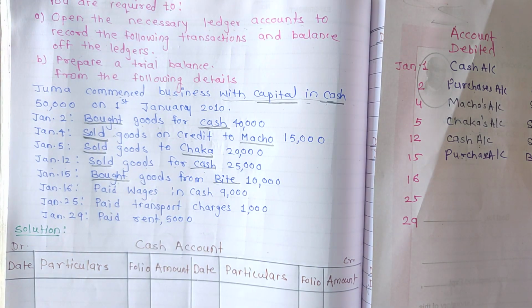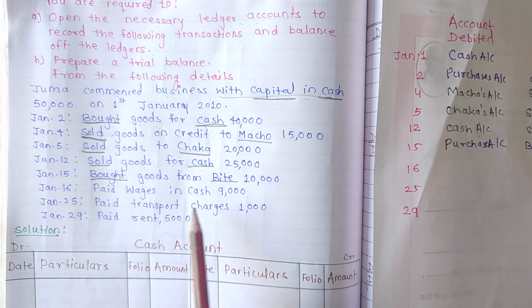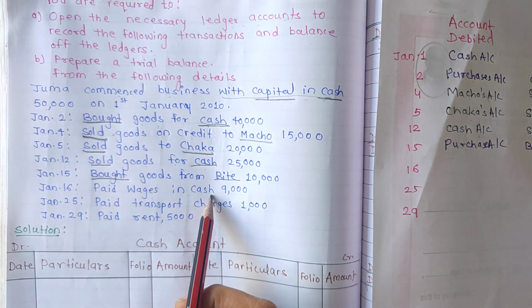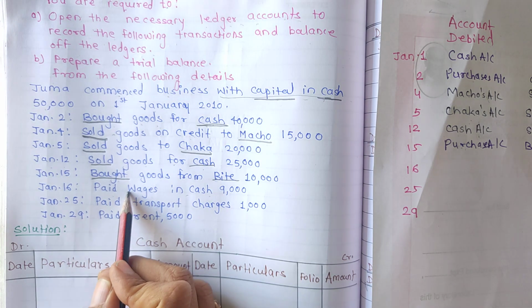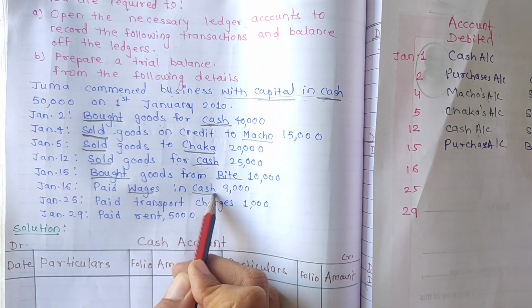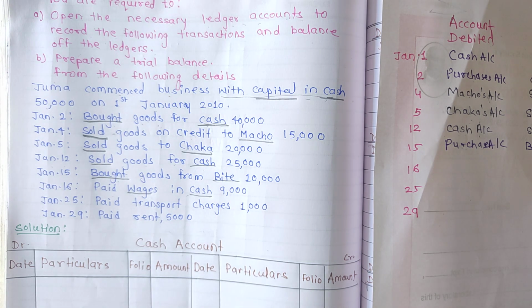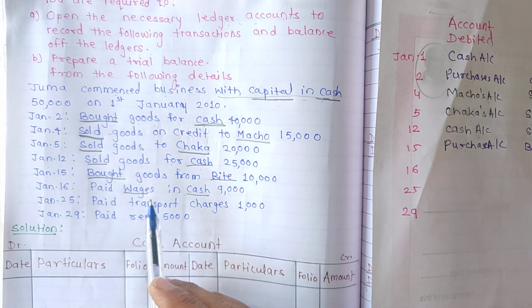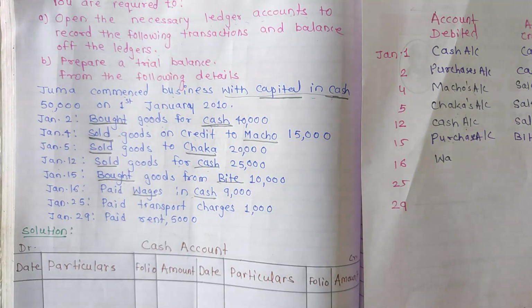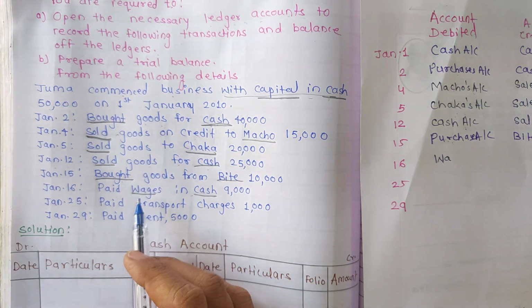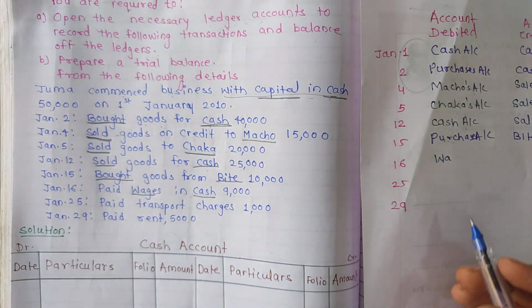Now on 16th, it is paid wages in cash. Here wages are paid for the business and cash is going out of the business. So the two accounts affected here are wages and cash. Now wages being a nominal account, the rule of nominal account says debit the expenses and losses.